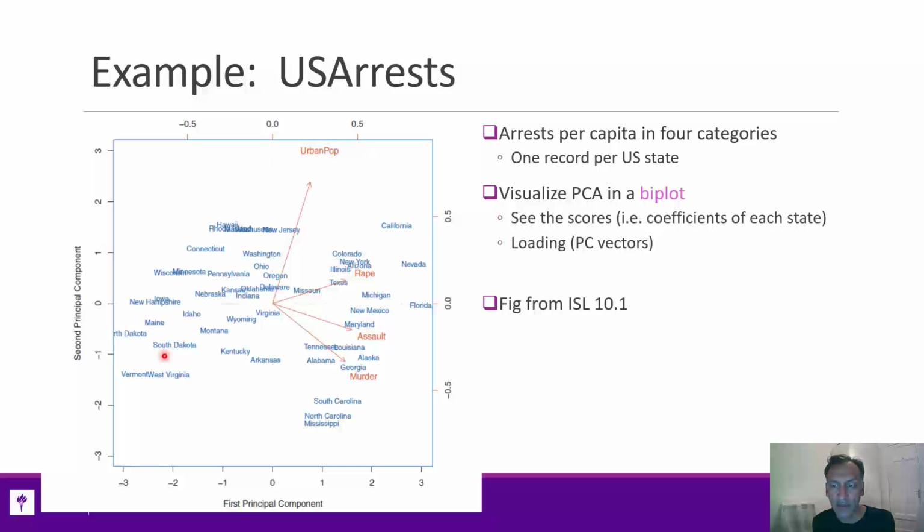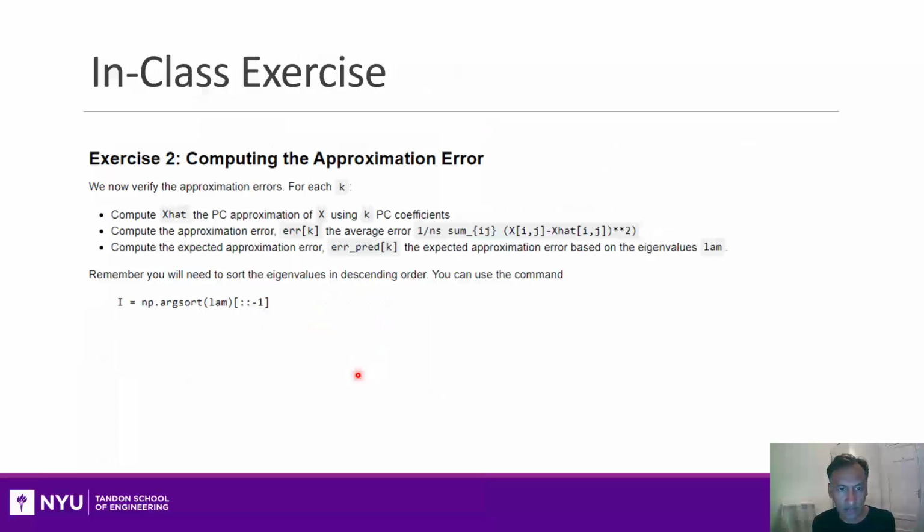At the same time, you can also see the representation of the underlying features in this space, by the rape or the assault or murder and so on. And this is called the biplot, which lets you understand those features in that space.